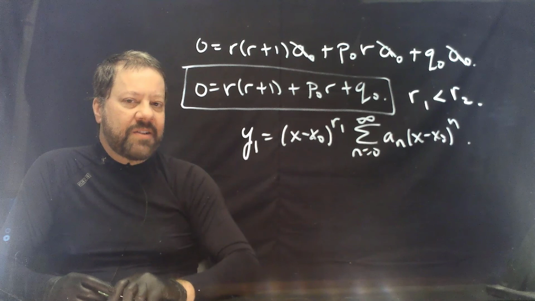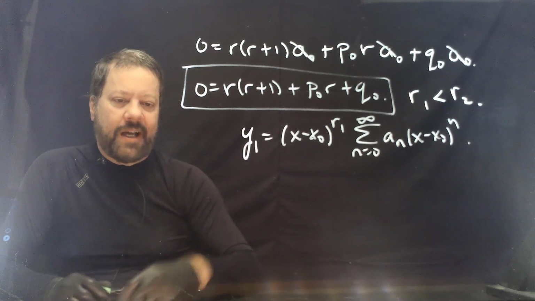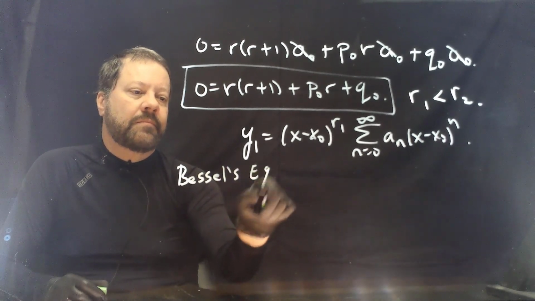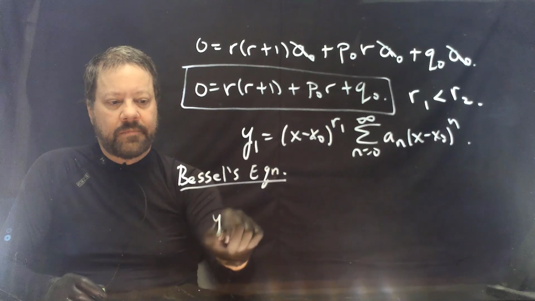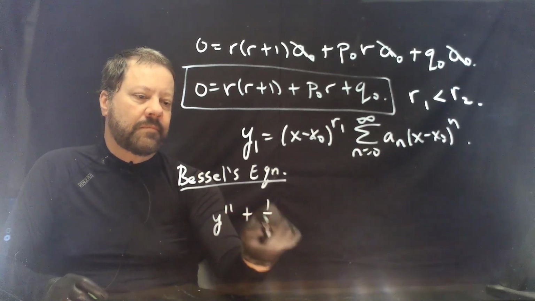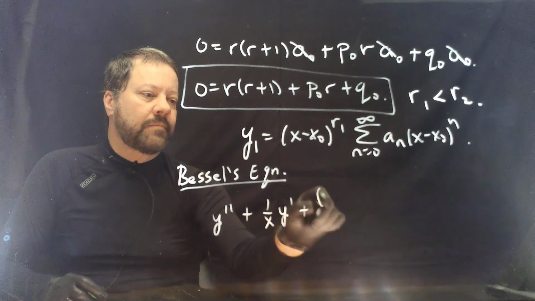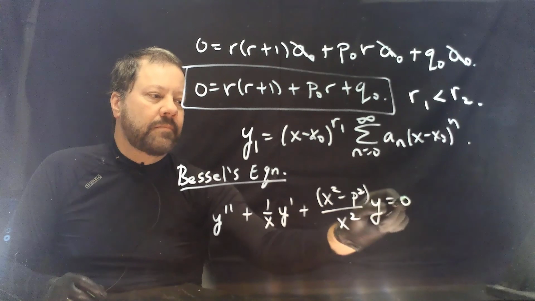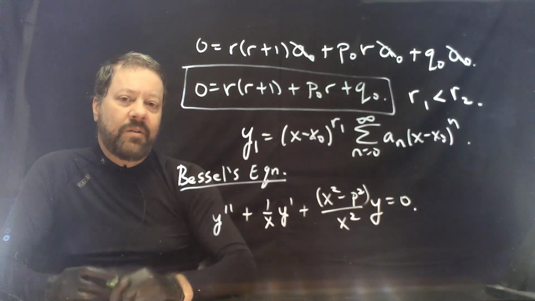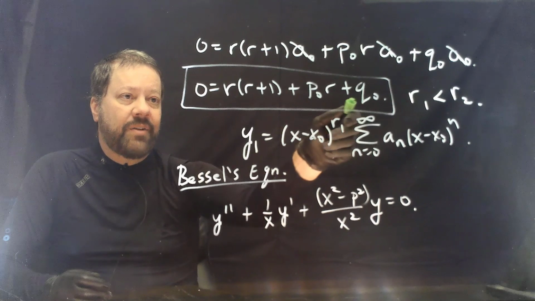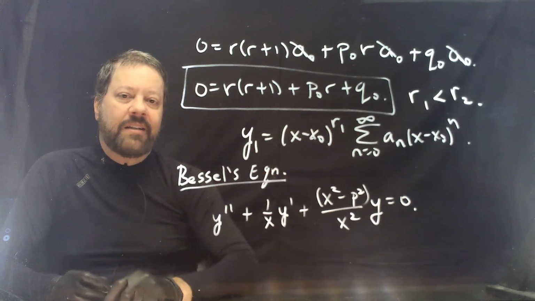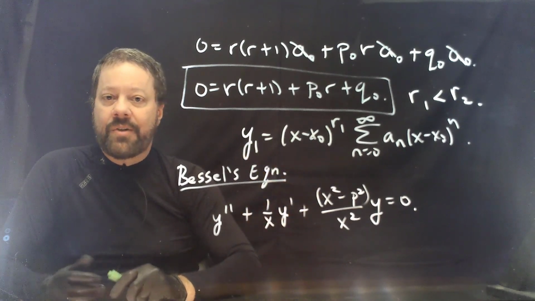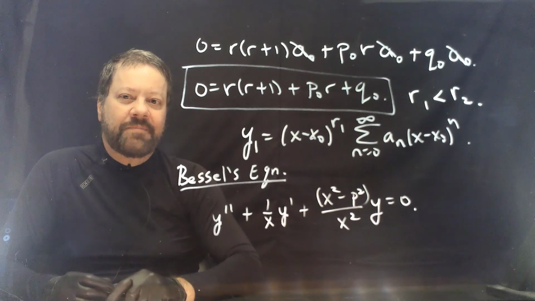But let's go back to Bessel's equation now. What are P naught, Q naught, what is the Indicial Equation, and then how can we use that to construct solutions to the differential equation?